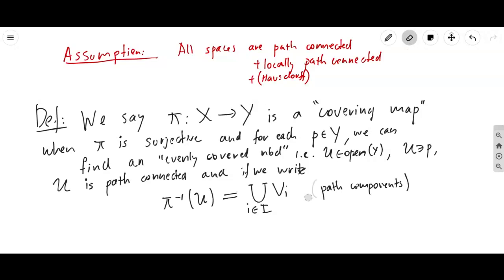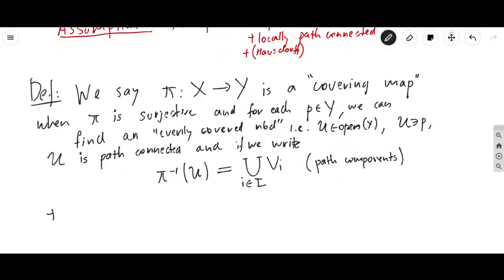And as we remarked last time, if you assume that your spaces are locally path connected, then the path components happen to be open subsets of X, so that's just something nice to know. And then pi maps each V_i homeomorphically onto U. So that's the definition of a covering map.